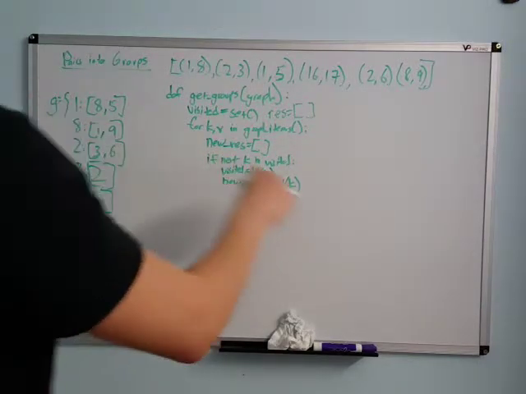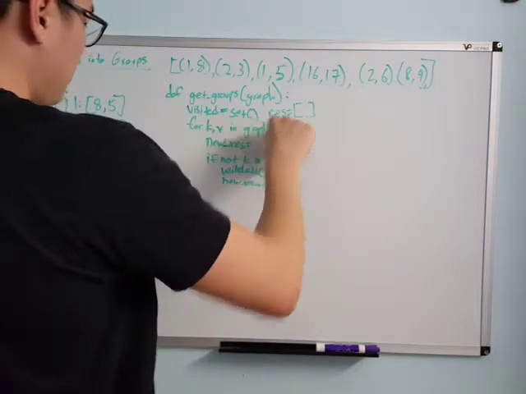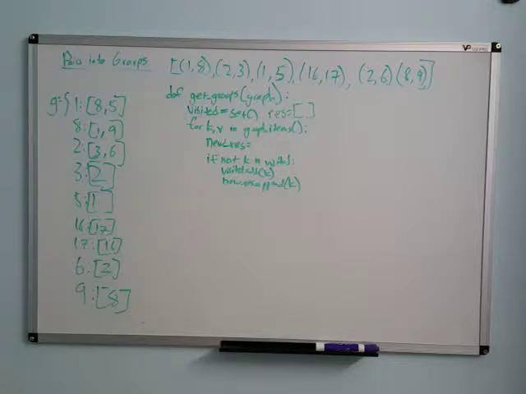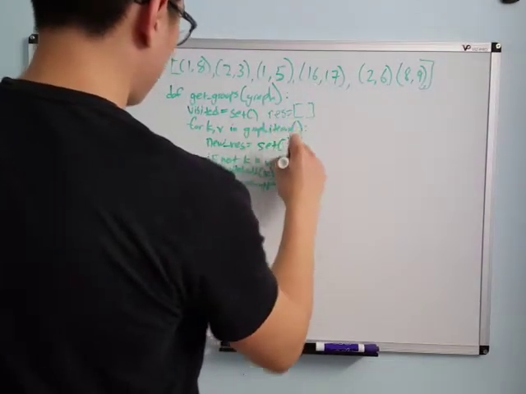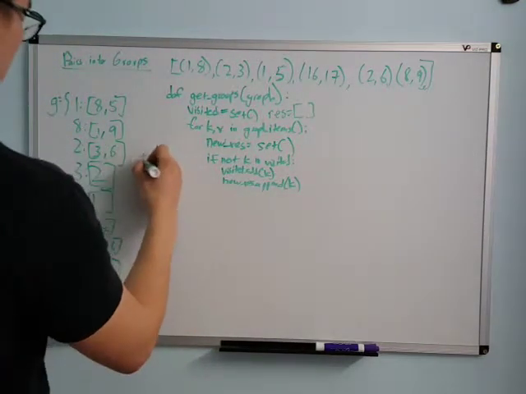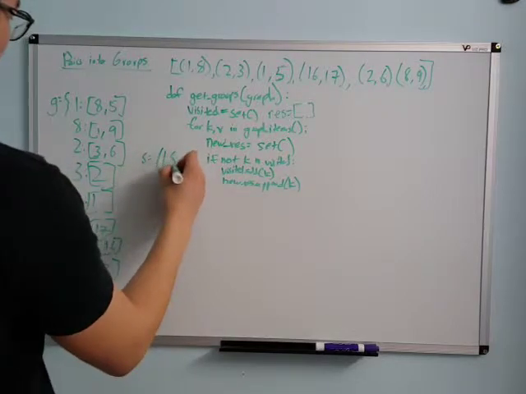So what if we actually turn this into a set? So we turn this into a set, right? And we start here, we add 1 into our set. Add 1, look at 8, we add 8.